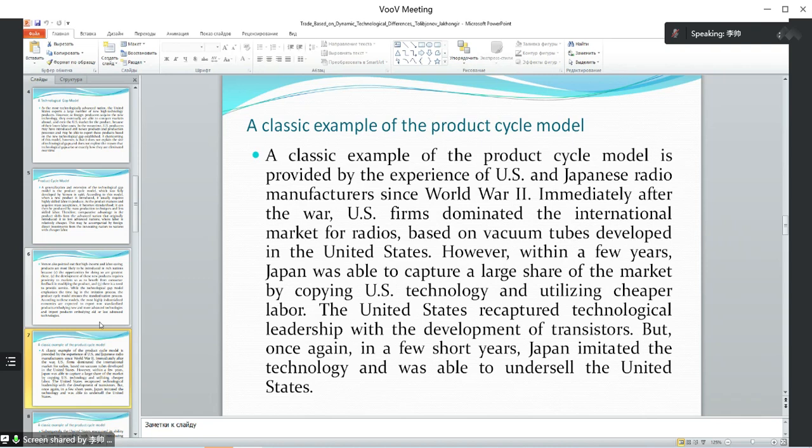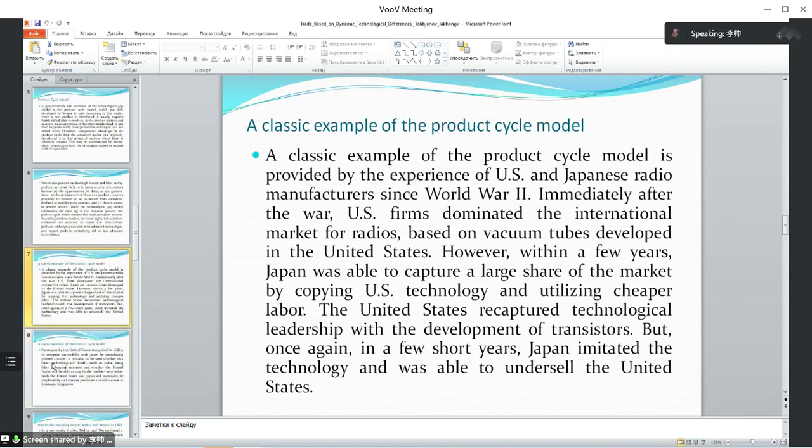However, within a few years, Japan was able to capture a large share of this market by copying US technology and utilizing cheap labor. The United States recaptured technological leadership with the development of transistors, but once again, in a few short years, Japan imitated the technology and was able to undersell the United States.